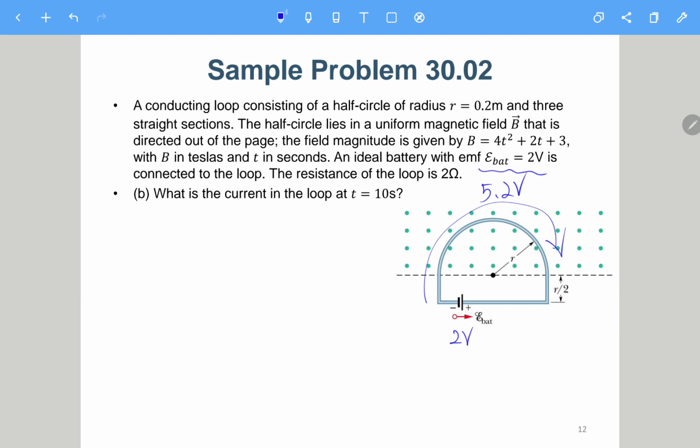You just regard it independently. If we don't have the EMF, we just ignore all the B field change. If we only have this loop, with this the positive side and this the negative side, then the current should be in this direction.